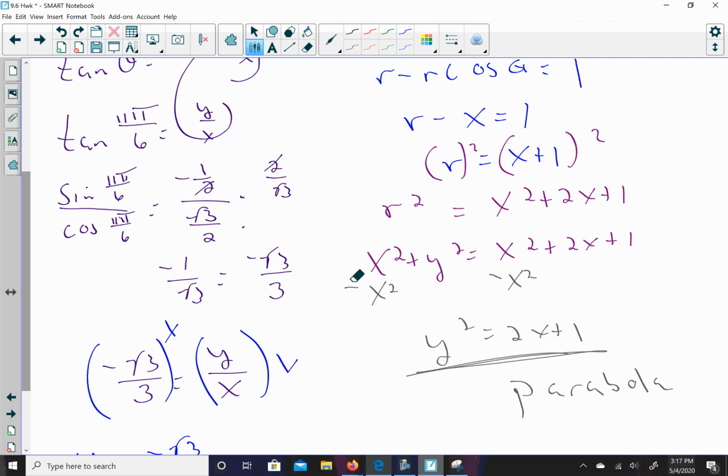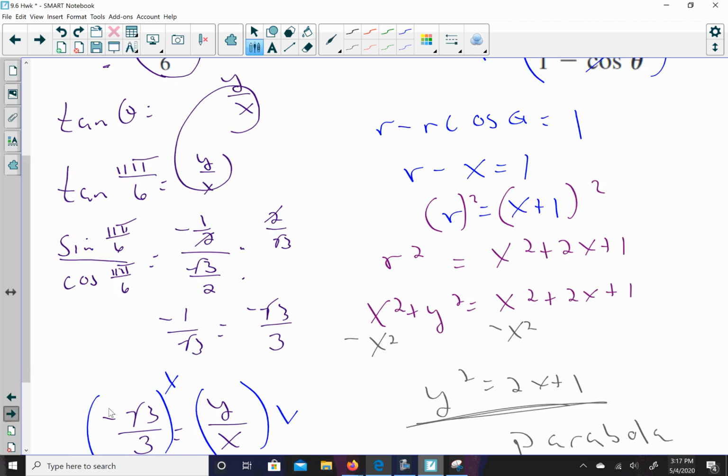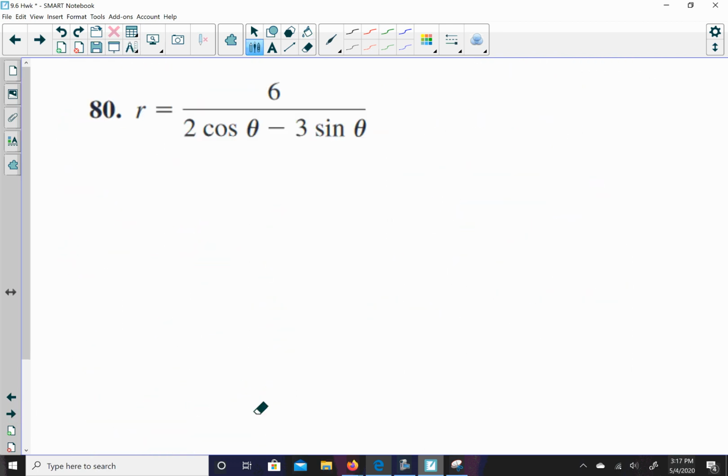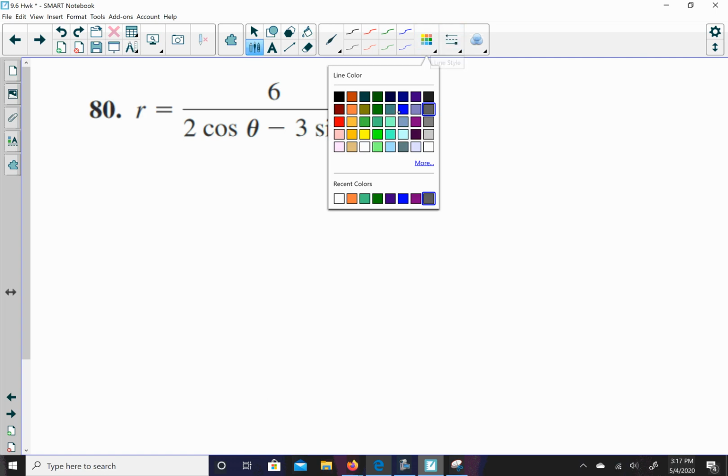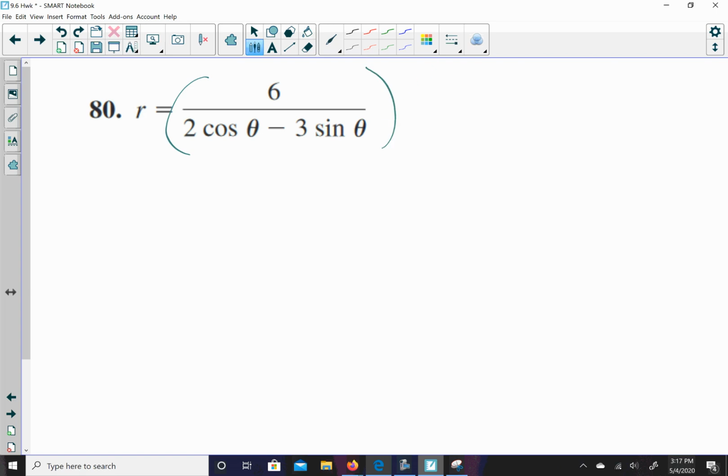And then the last one, number 80, you have r is equal to 6 over 2 cosine theta minus 3 sine theta. Again, I don't like having anything in the denominator, so I'm going to multiply both sides by the denominator to get rid of it. So I'm multiplying both sides by 2 cosine theta minus 3 sine theta.